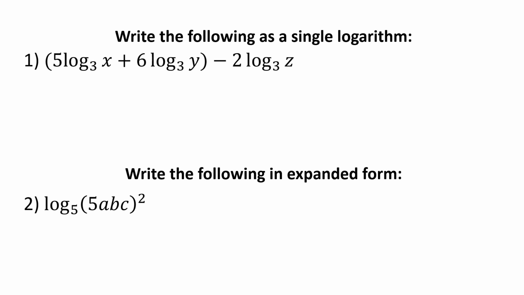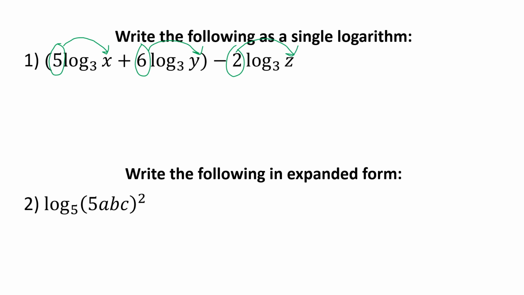So let's look at this first one here. When you have parentheses like you do around the 5 log base 3 and the 6 log base 3, we always want to start from the inside and work our way out. So those parentheses are important to group those. First thing I'm going to do though is whenever I have a whole number out in front of my log, I'm going to bring that up to the exponent using my power property.